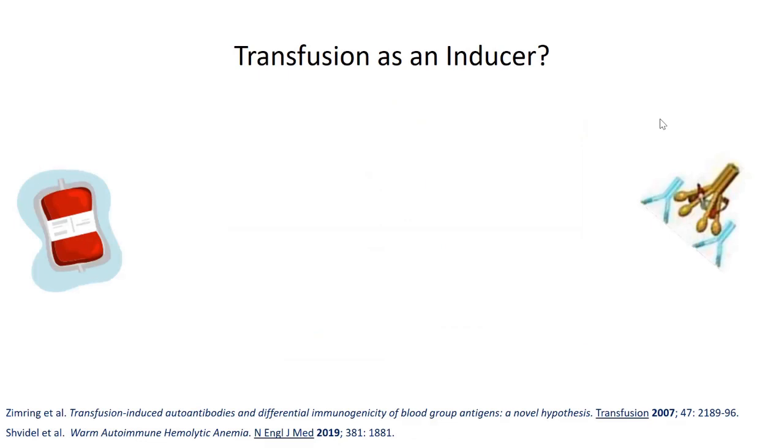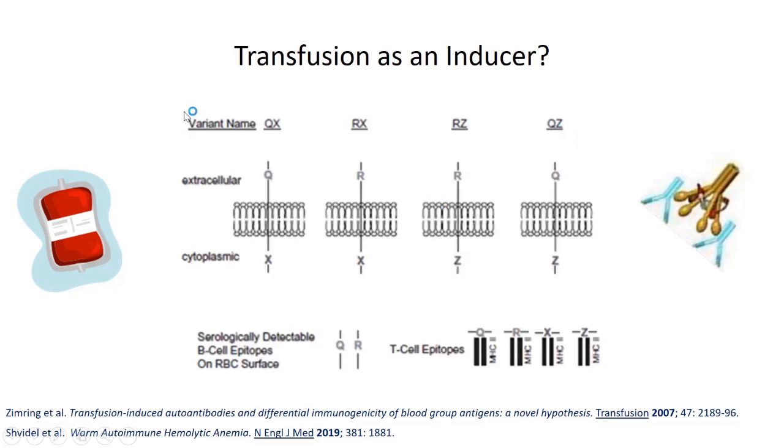This very interesting paper by Jim Zimring speaks to non-exofacial polymorphisms in a model that may help to explain both the capacity to reactivate historic antibodies despite giving antigen-matched blood, as well as possibly explaining the production of autoantibodies, particularly in the scenario of giving supermatched material.